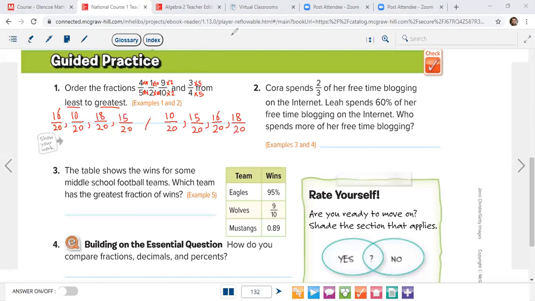Now don't forget to get them back to their original shape, meaning the 10 over 20, it was half. And the 15 over 20, it was 3 over 4. And the 16 over 20, it was 4 over 5. And the 18 over 20, it was the 9 over 10.